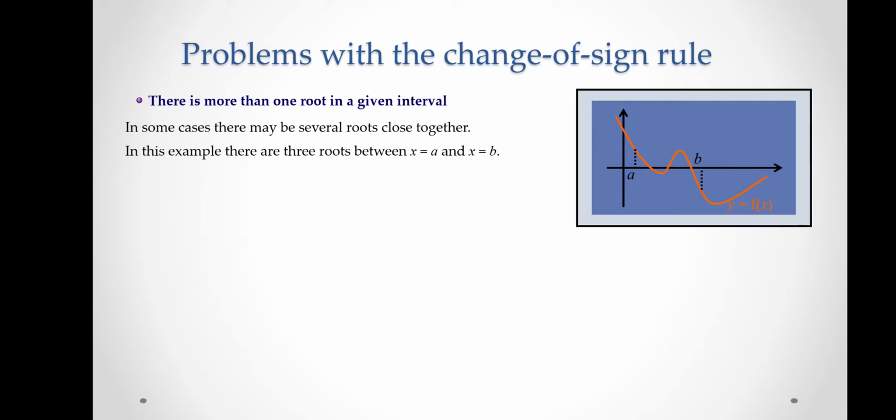When you take the interval a and b, you can see clearly in this graph we have a sign change, but we have more than one root here, right? So what we have to do here is reduce the size of the interval, then we can reduce this problem.